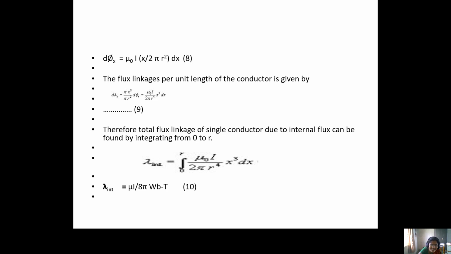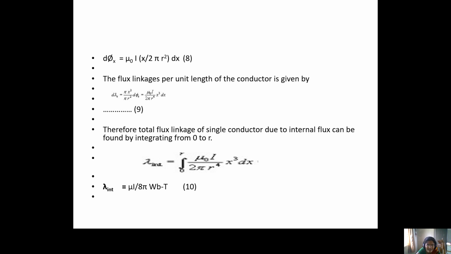The flux linkages per unit length of the conductor are given by d lambda. Flux linkages are denoted with lambda. So d lambda equals pi x square by pi r square times d phi x.